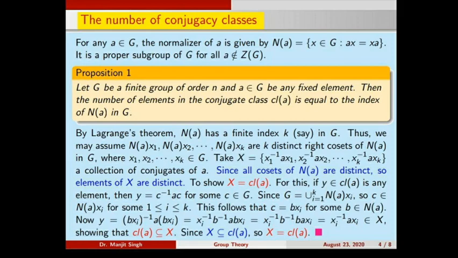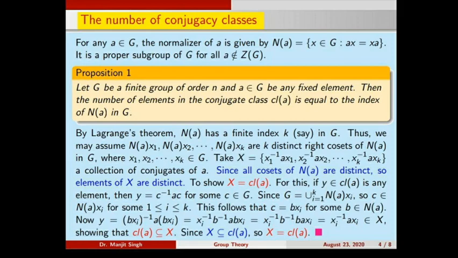Obviously, by Lagrange's theorem, the order of N(a) divides the order of G, so we can take index k. So we can assume N(a) has index k in G. Okay, it means that N(a) has k distinct right cosets. You may assume left cosets, but there we are using the notation c inverse a c for conjugate elements, so we will assume right cosets.